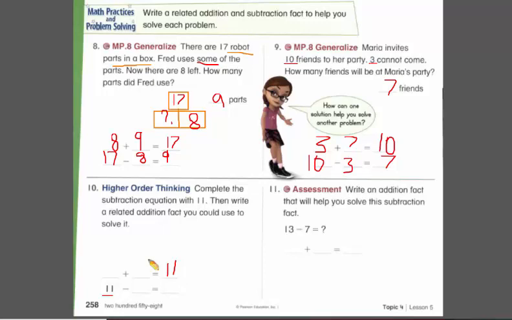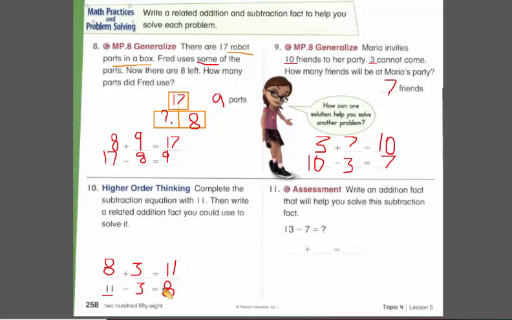One student will say 10 and 1, so 10 plus 1, or 11 minus 10 equals 1. Another student will say 5 plus 6, so he will write 5 plus 6 and then here 5, here 6. Another student will say 8 plus 3. Yes, all correct. Use any two parts to make 11. So if I use 8 plus 3, then 11 minus one part equals the other part.